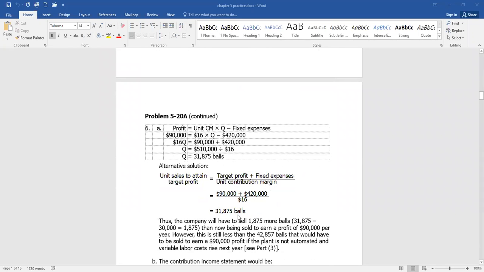The company will need to sell 31,875 balls. So that's using the formula. If you use the equation, profit equals unit contribution margin of 16 times quantity minus 420,000 to reach a $90,000 profit. 510,000 divided by 16 would yield the same number of balls. So it's just a different approach to getting the same answer.